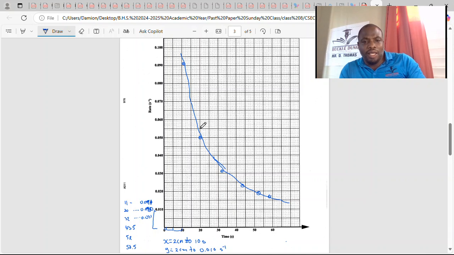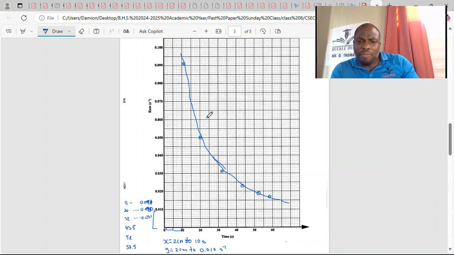But as the size of the particles starts to increase to the last one, which has the largest radius, we would have seen where it took them 58.5 seconds because the particles were just too large and that slows down the rate of reaction.